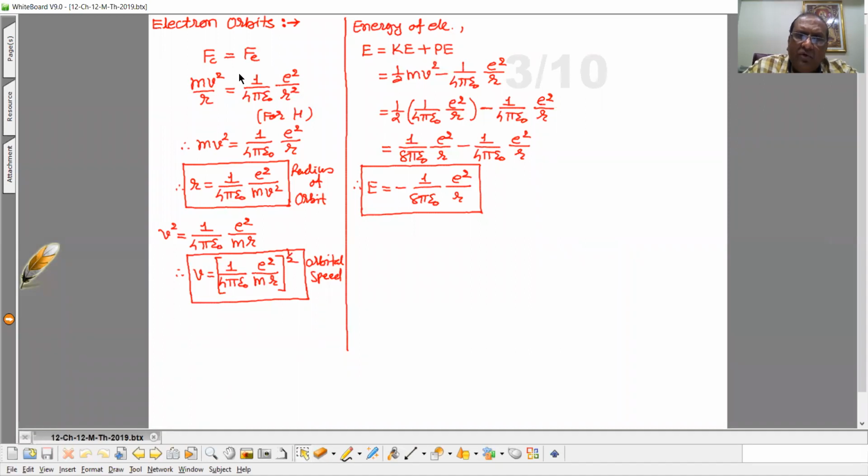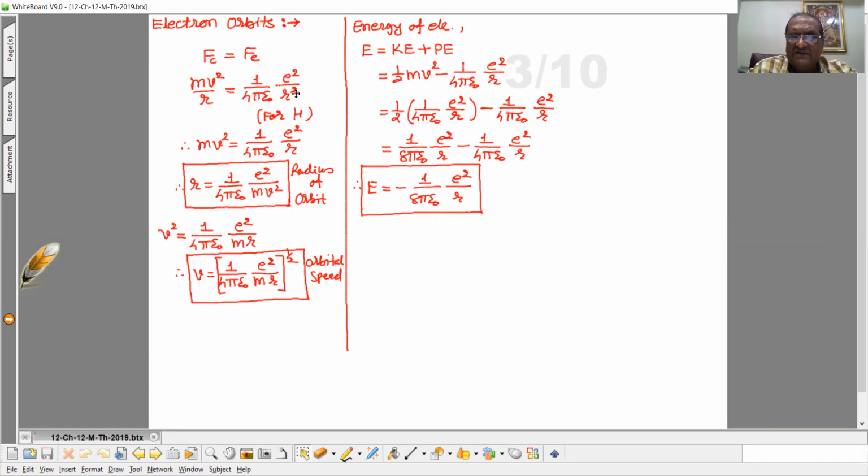That Coulombian attractive force will provide the required centripetal force mv square by r, where m is the mass of the electron, v is its orbital speed, and r is the radius of the orbit. If we consider any other atom, suppose we take helium, then here we have to use 2e, like that.